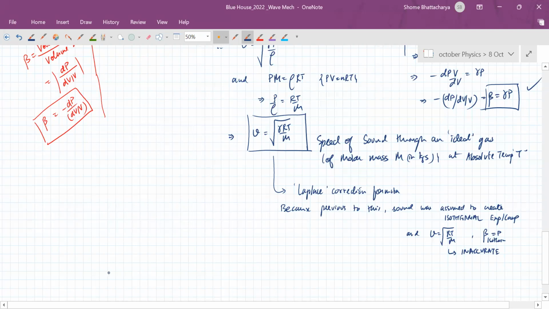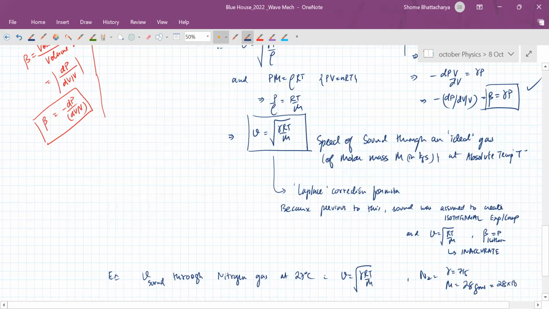So anyhow, let's look at a quick example. Want to find the speed of sound through nitrogen gas at 27 degrees C. So N2 will have gamma equal to 7 by 5 and molar mass as 28 grams, so there is 28 into 10 raised to minus 3 kg. So we'll substitute in SI unit.